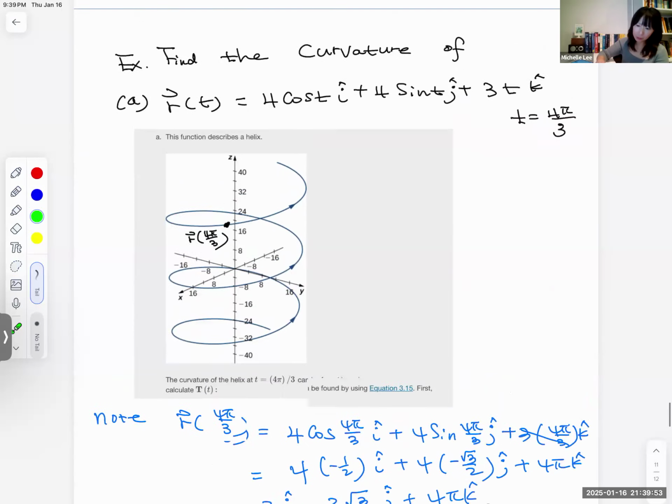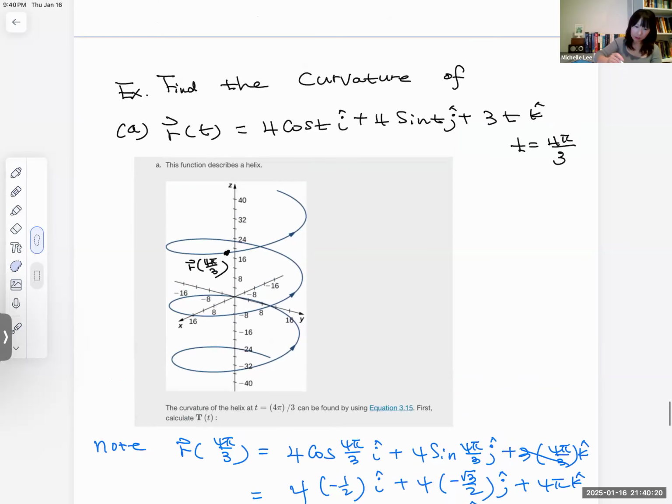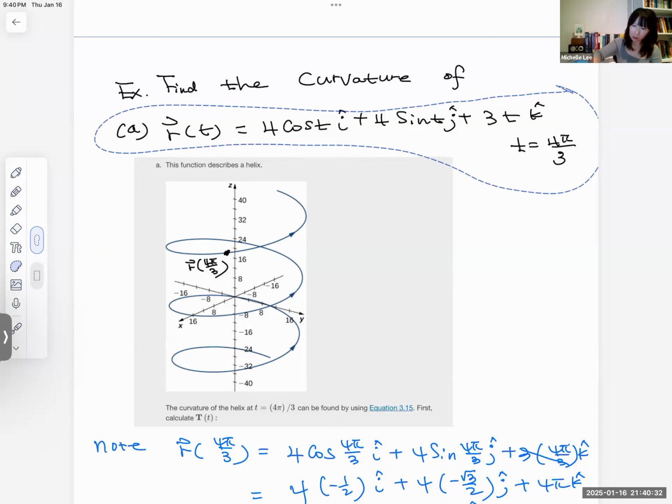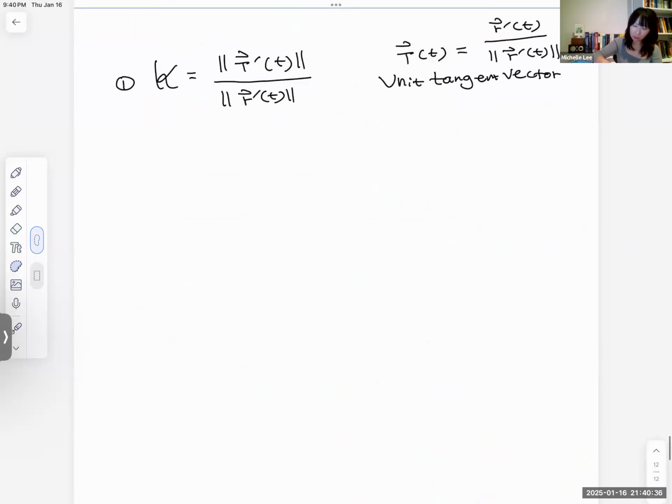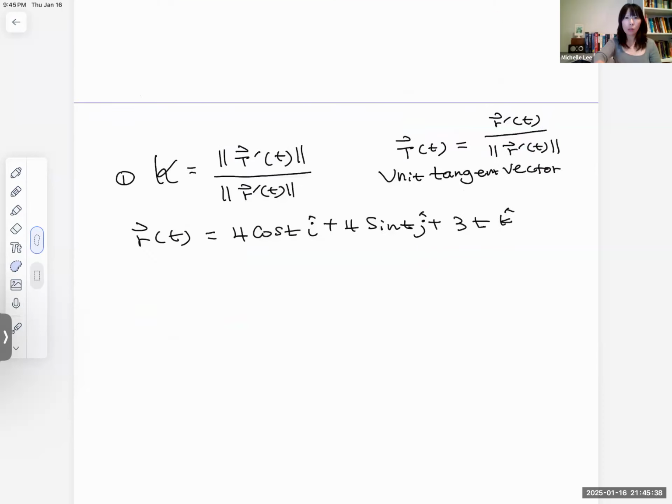So let's find out the unit tangent vector first.